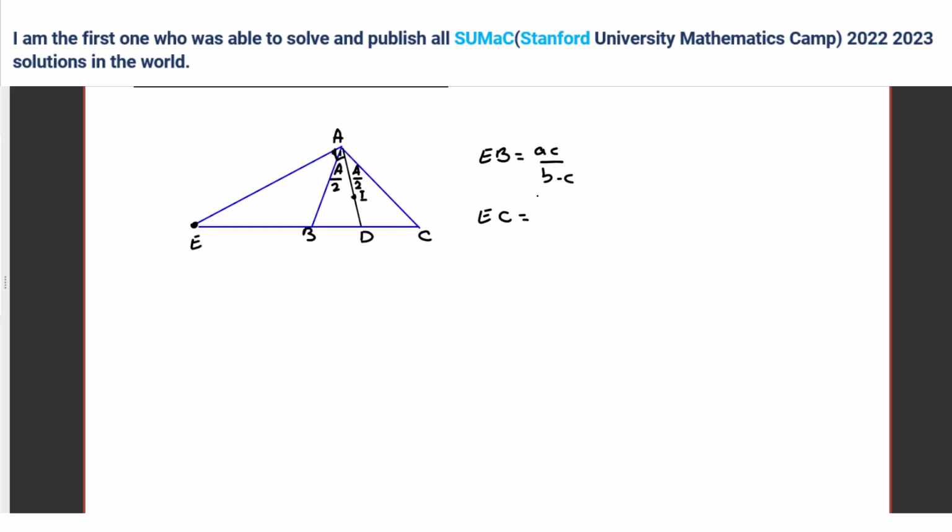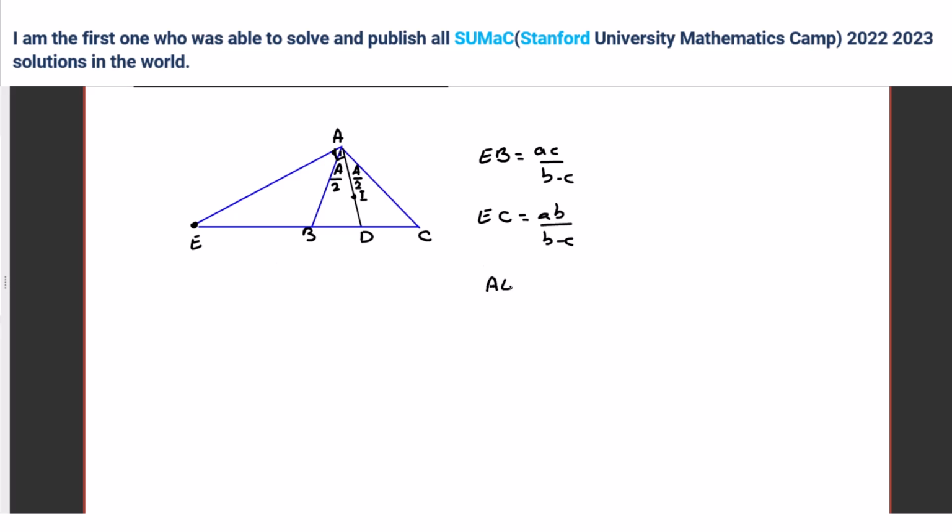Look, A is the same for both of them. Only B and C change, okay? EB, that is the smaller one, is A times C, the smaller side. When E lies on the left side of B, it means this side is greater. So EC is AB, this one is AC, okay? And let me check.